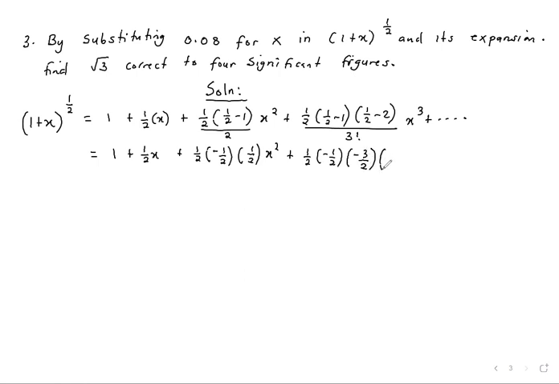Saying over 3 factorial is the same as saying 1 over 3 by 2, x power 3. So when you say half divided by 2, it's the same as half divided by 2 over 1, which is the same as half multiplied by 1 over 2. That's why I've multiplied the half there. So don't get lost.